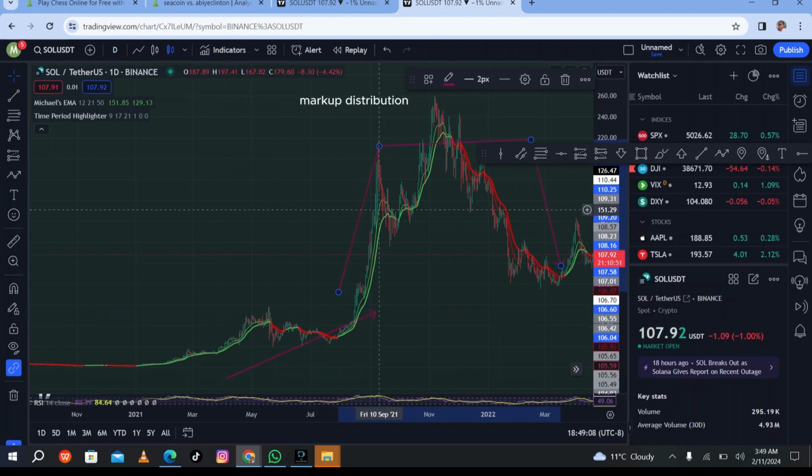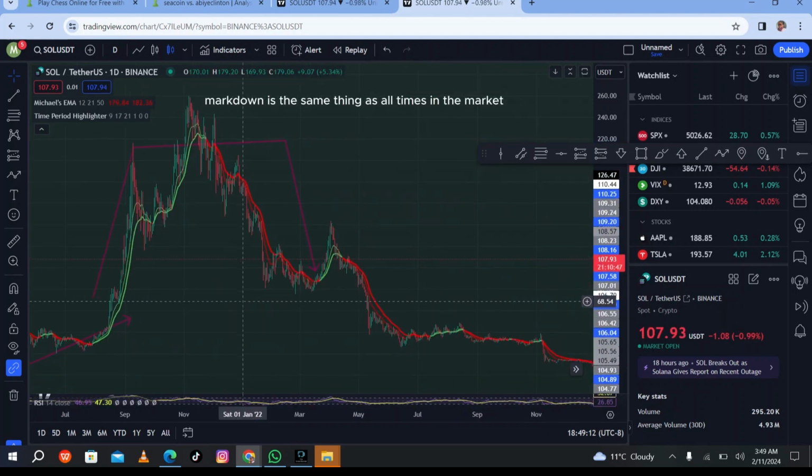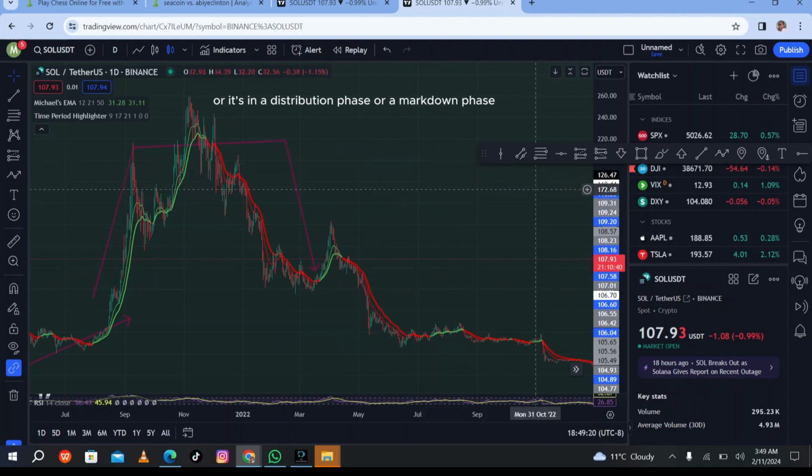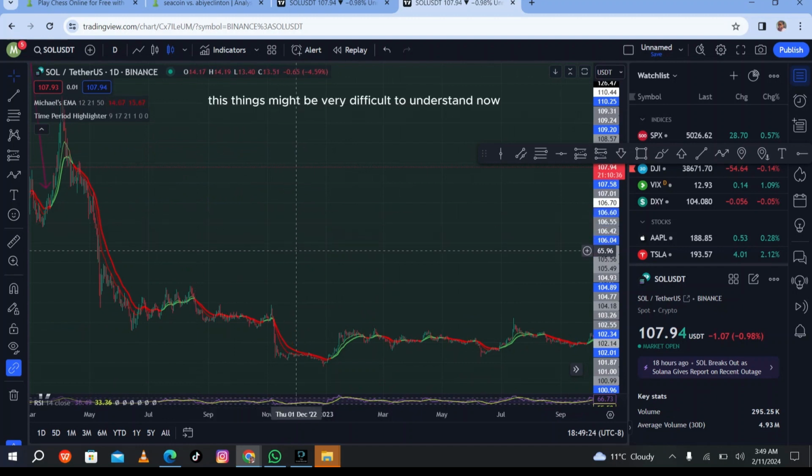Accumulation, markup, distribution, markdown. It's the same thing at all times in the market. It's either in an accumulation phase, or a markup phase, or a distribution phase, or a markdown phase. These things might be very difficult to understand now, but as we keep going deeper, you will understand exactly what the market phases are.